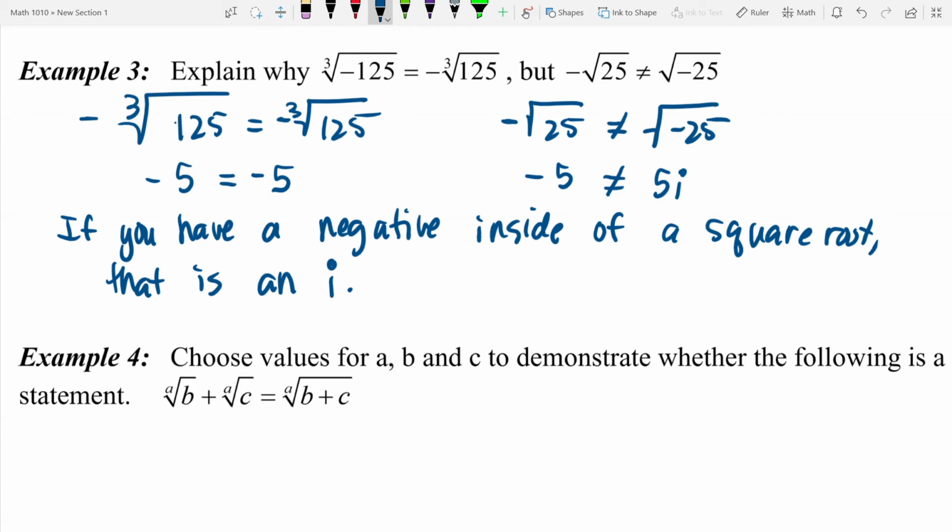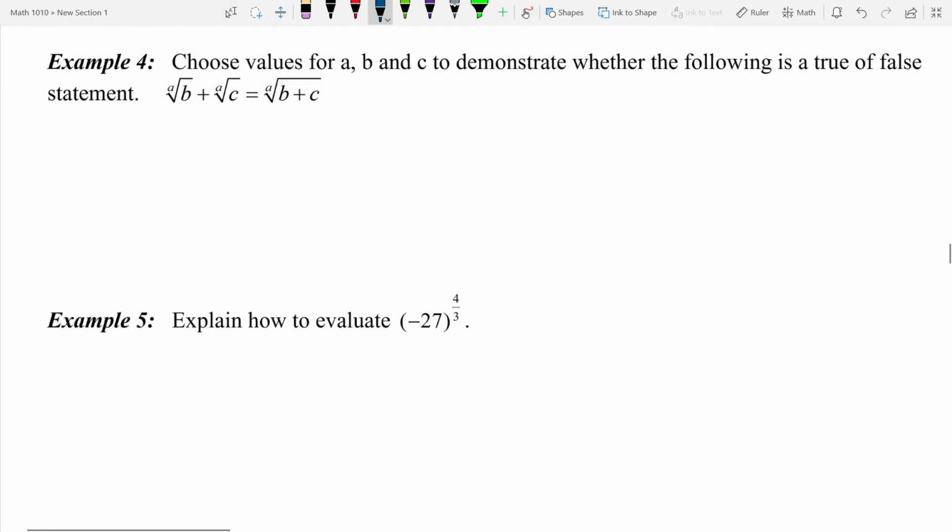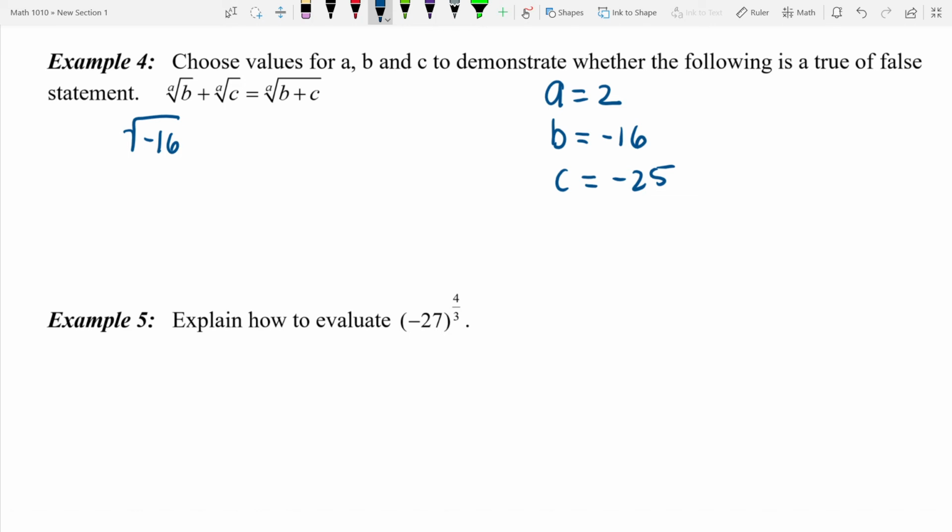Okay. Choose values for A, B, and C to determine if this is true or false. Let's let A be 2, so we have a square root. Let's let B be -16, and let's let C be -25. So let's see if it's true. So you have the square root of -16 plus the square root of -25 is equal to the square root of -16 minus 25.